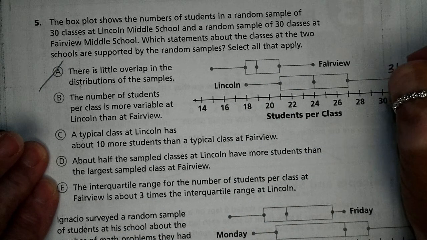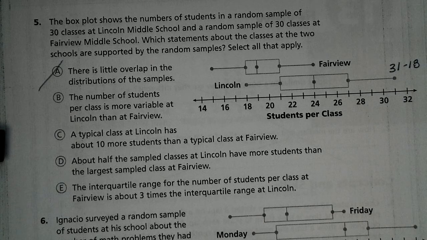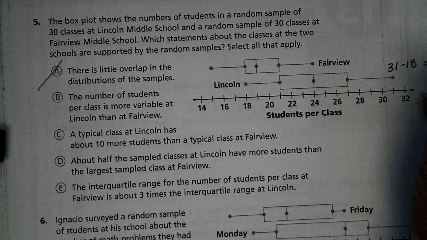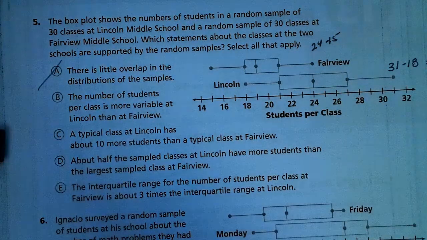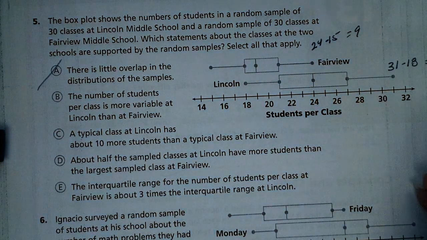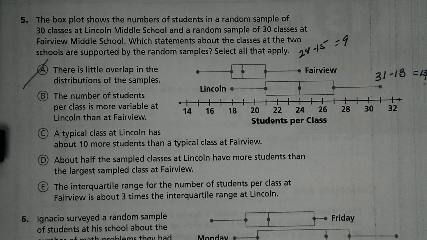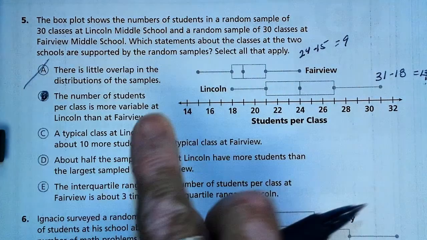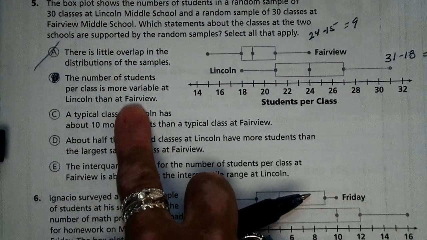So if I found the range, I would get 13, and the range here would be 24 minus 15, and that is 9. So as you can see, variable is how spread out. So that definitely is true, right? Lincoln is more spread out than Fairview.